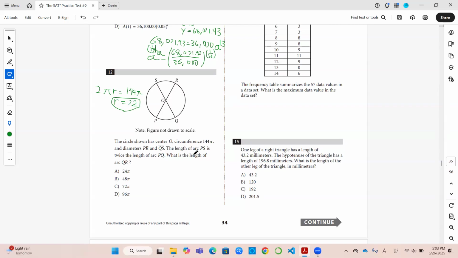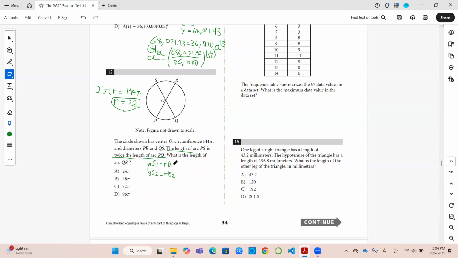Now, the length of arc PS, so I'm going to just say s1 here, is r theta 1. Our PQ, s2, is r theta 2. Now notice it says the length of arc PS is twice the length of arc PQ, right? So I need to find a relationship between these two.